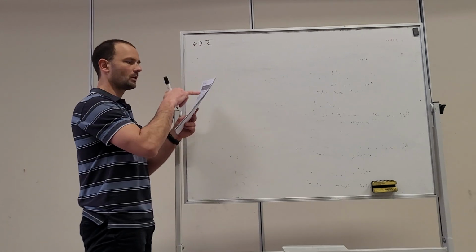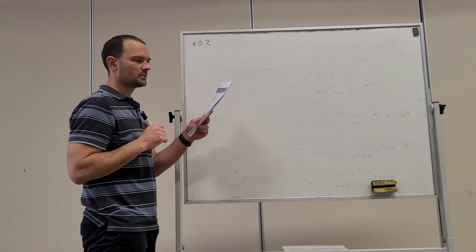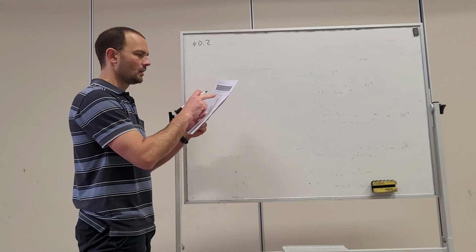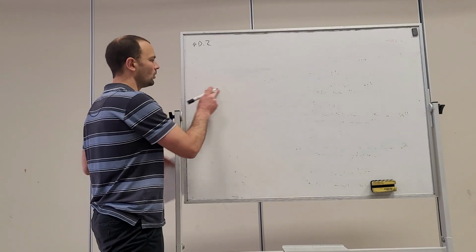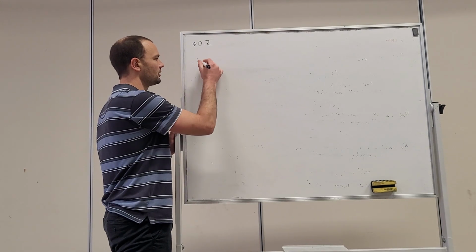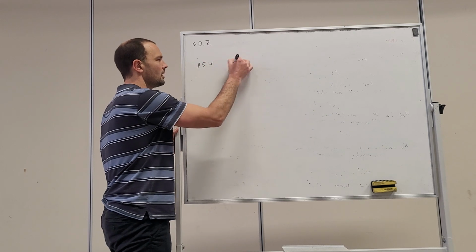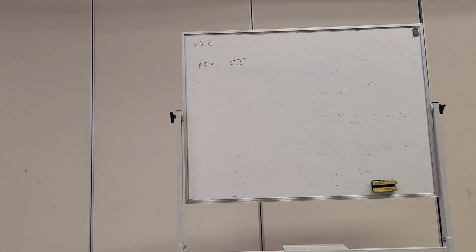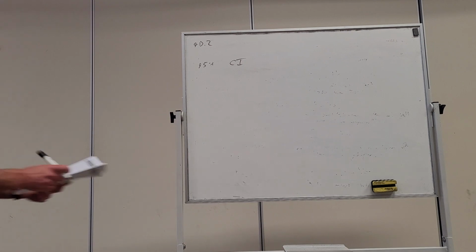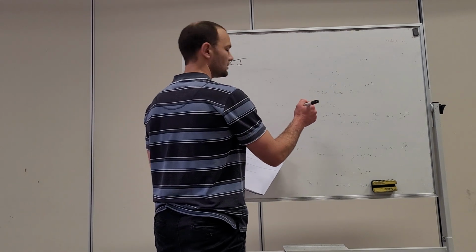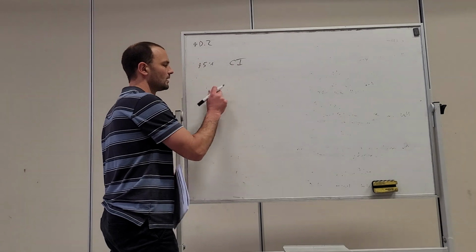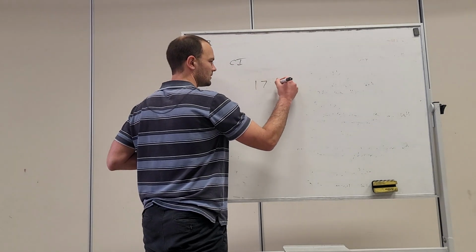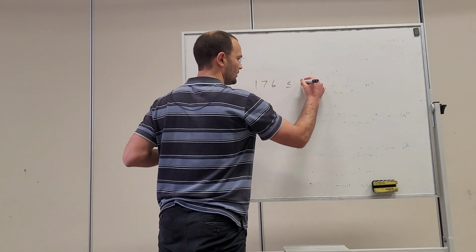The height of 40 year 12 students is measured, the mean was 178, the standard deviation was 8. So we saw yesterday with the 95% confidence interval that the confidence interval was, I don't have it written down, what does it say on the left hand page? I think it was 176 to 180 or something.